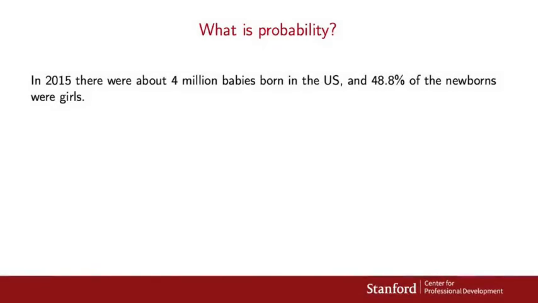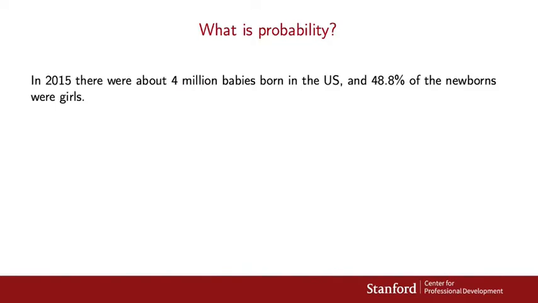So what does it mean to talk about probability? Let's look at a data example. According to the National Center for Health Statistics, in 2015 there were about 4 million babies born in the US, and 48.8% of these newborns were girls.